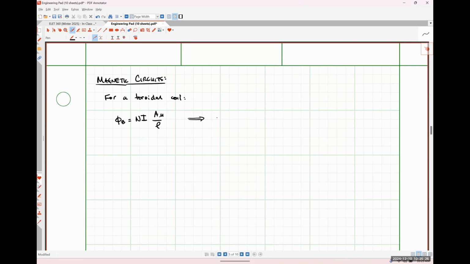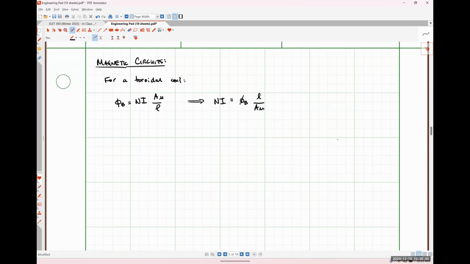And I rearranged this and expressed it as Ni is equal to phi B times L over A mu. And I believe I mentioned that this is effectively our Ohm's law for magnetic circuits, right?